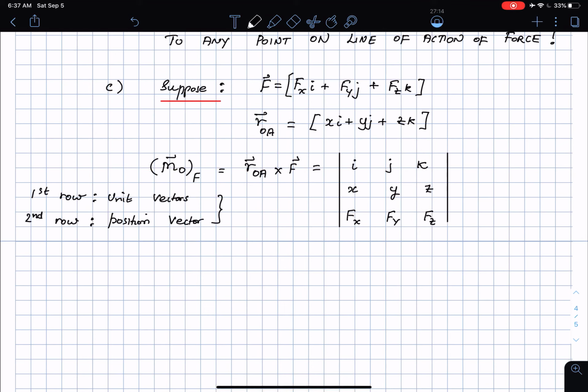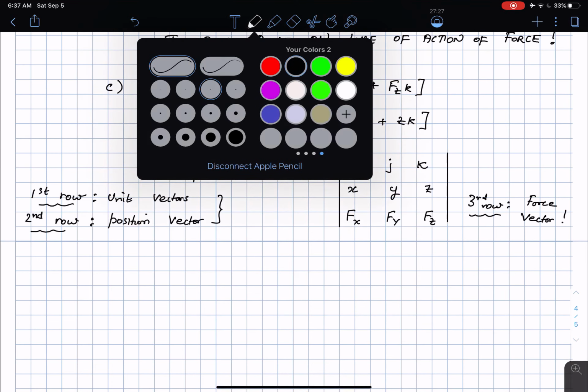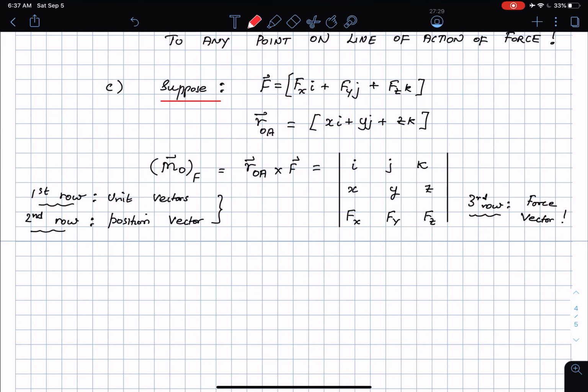And then the third row will be the force vector. That's the first row, second row, and third row, and I just want to point that out. So the first row is that, then I have the second row, which is this here, and then I have the third row, which is that there.